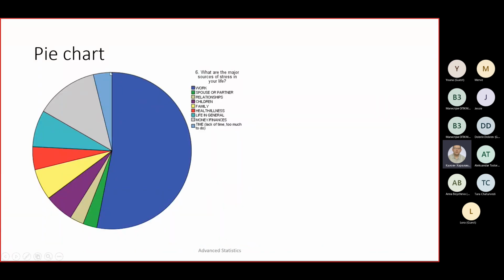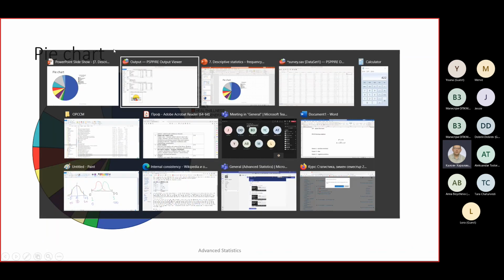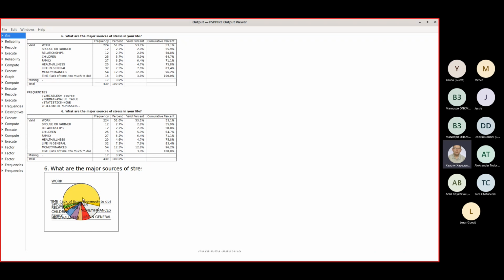This pie chart starts here in 12 o'clock, and this starts here in 3 o'clock. This is the difference. This is rotated pie chart. But they are the same, only one is rotated, comparing to other.